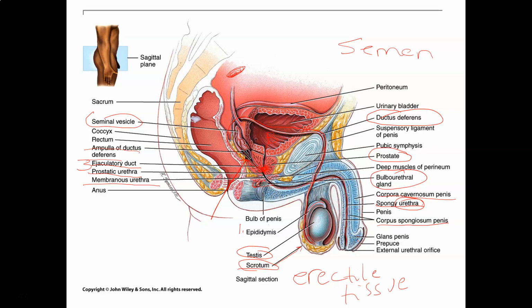Its job is to introduce the sperm into the female reproductive tract. So in order to do that, it has to transition from a flaccid to an erect condition, and then it can be inserted and ejaculate the sperm into the female. So that's the function of the penis, to introduce sperm.